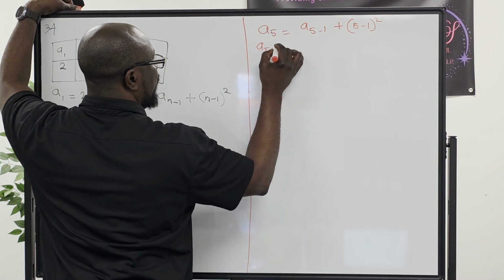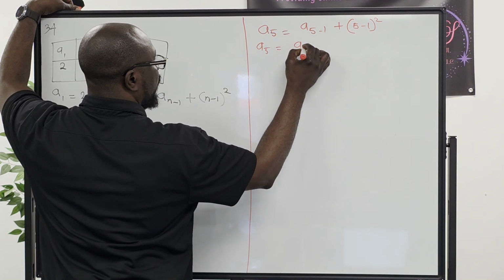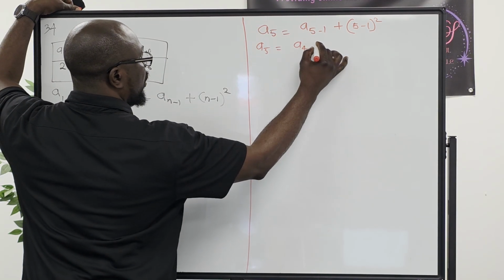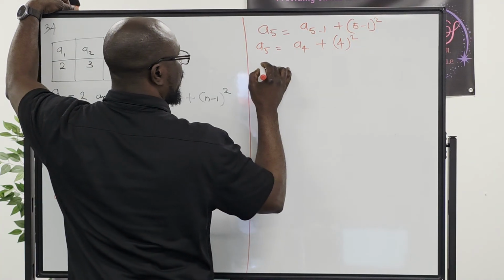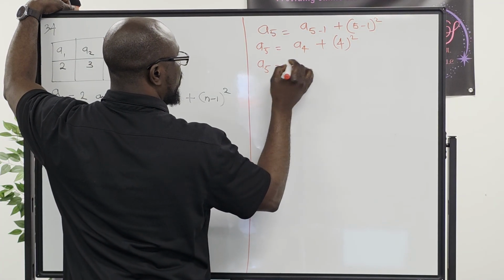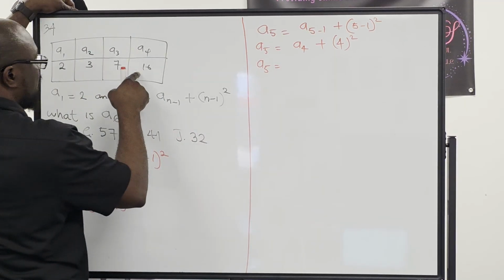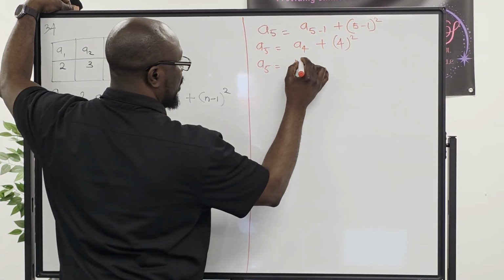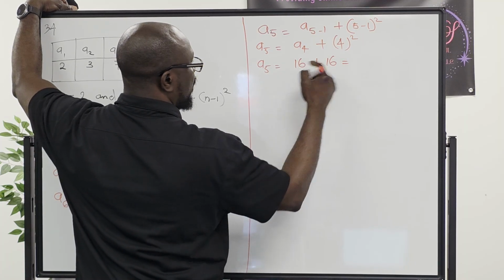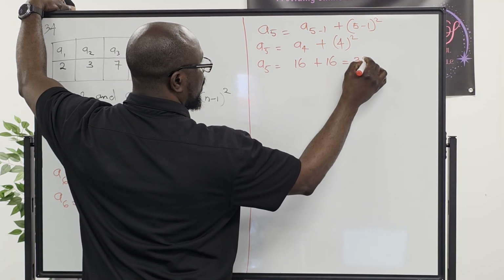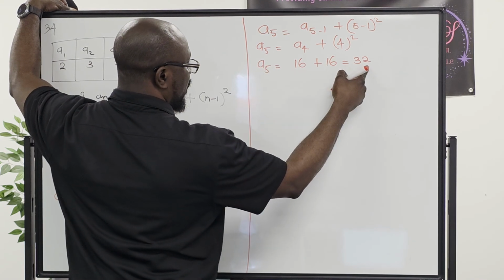So A5 is equal to A4, plus 4 squared. Our A4, they say, is 16, so that is 16 plus 4 squared, which is 16, so 16 plus 16 is 32. So anywhere we see A5, we'll put in 32.